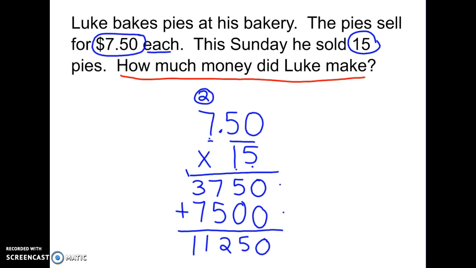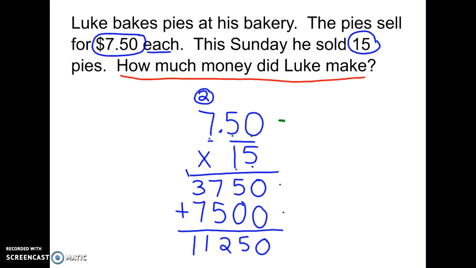Now I can go back and look at where my decimal places were and figure out where the decimal place should go for my product. So this first factor up here that I'm multiplying, 750, I was multiplying with 2 digits to the right of the decimal place. I had 2 decimal places.